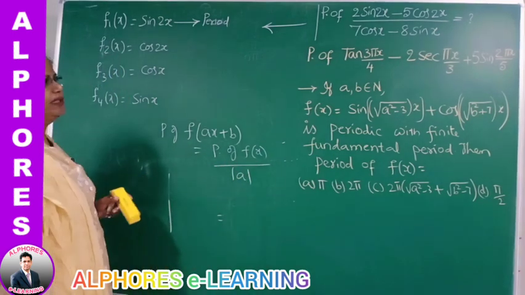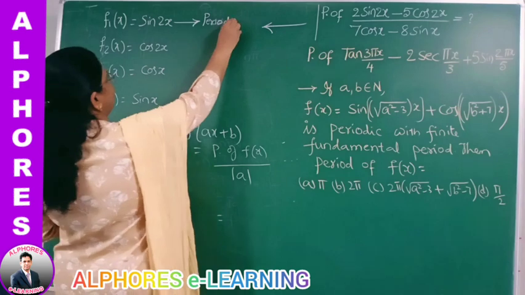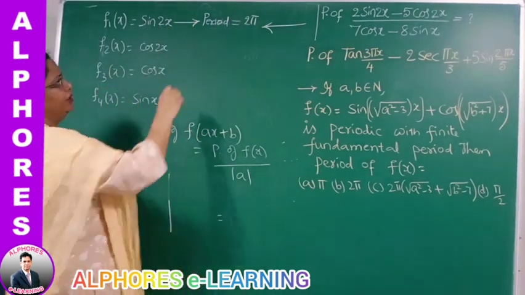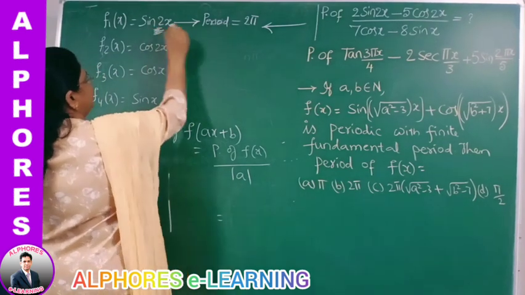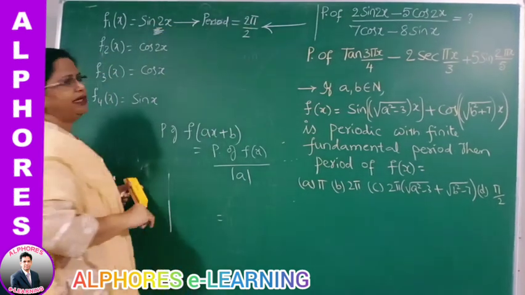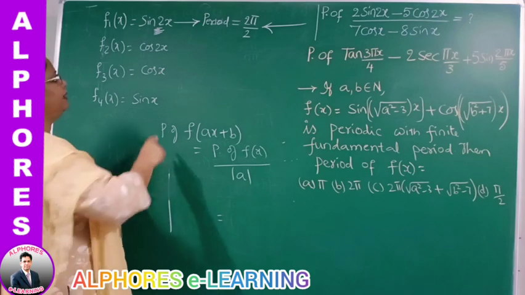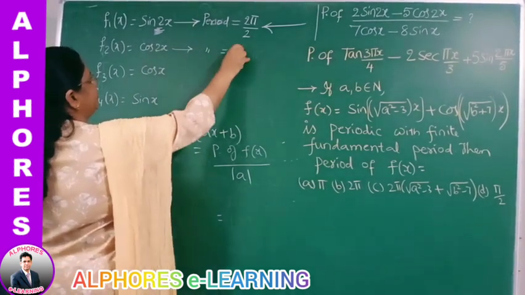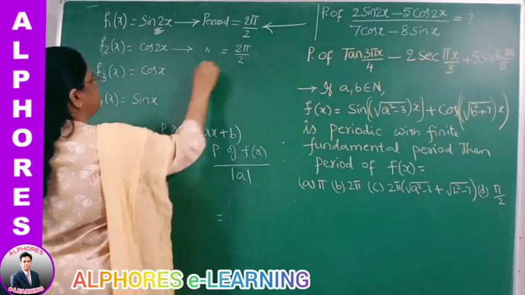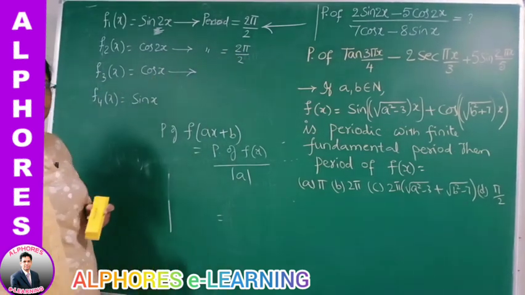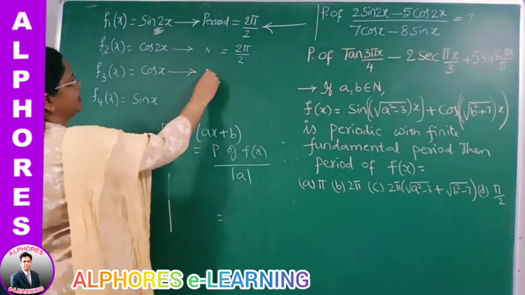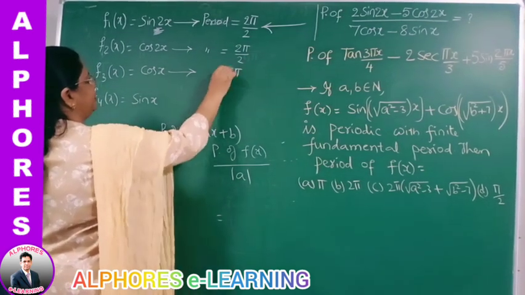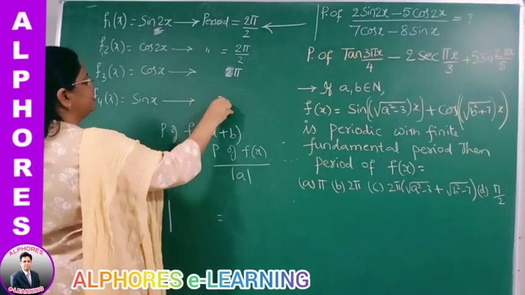Based on this, the period of sin x is 2 pi, divided by the x coefficient, which is 2. So 2 pi divided by 2 is nothing but pi. And again here the period is the same value, 2 pi divided by 2. And this is directly a cosine function, so the period is 2 pi. And the next one is also direct sine, so 2 pi.